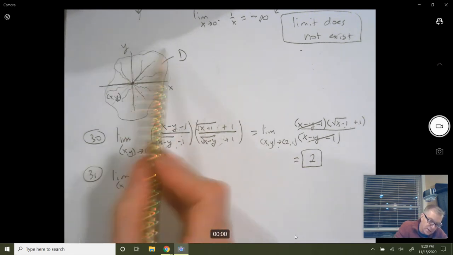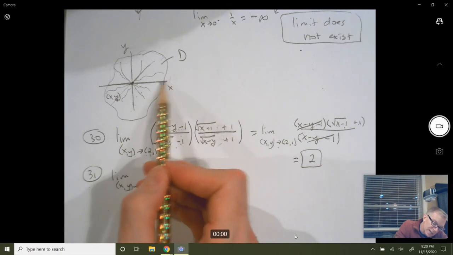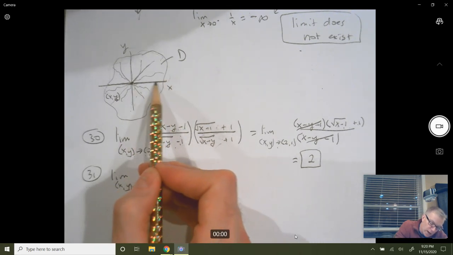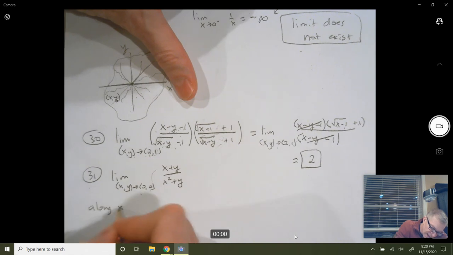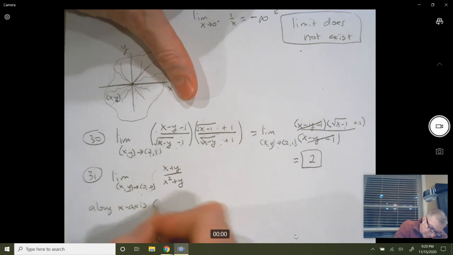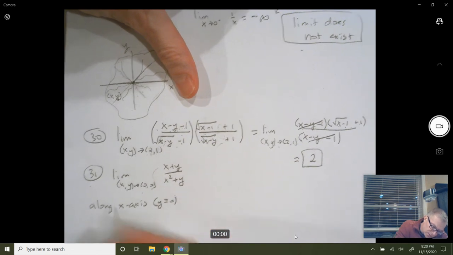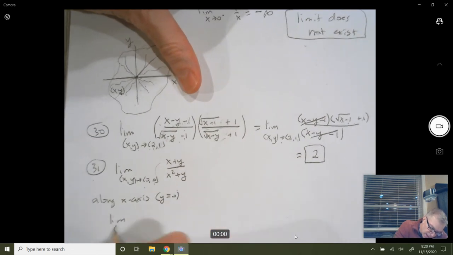So it would be the entire xy plane. Let's approach along the x-axis. Well, along the x-axis, our y value is 0. That means the y value is 0. So this limit, as x comma 0 approaches 0, 0, because remember, we're approaching along the x-axis where y is 0.